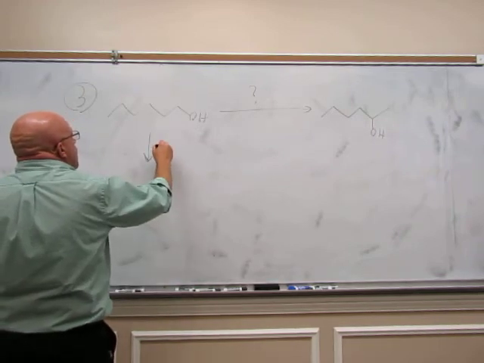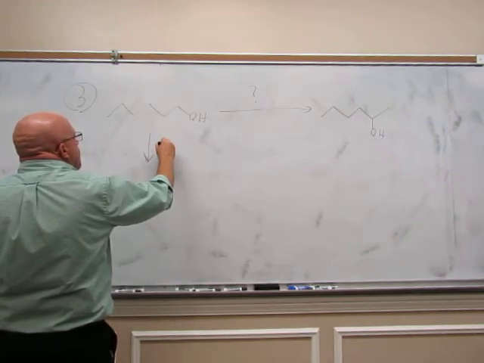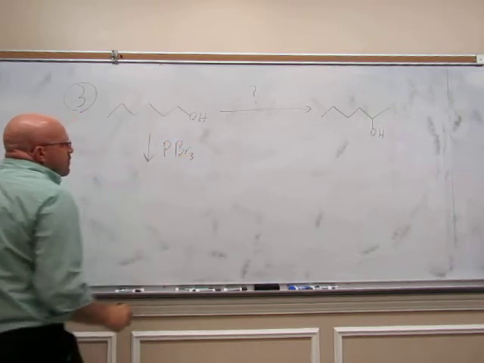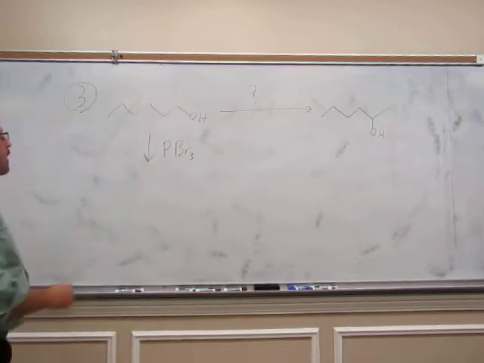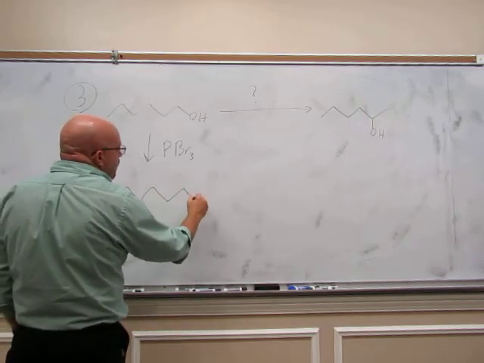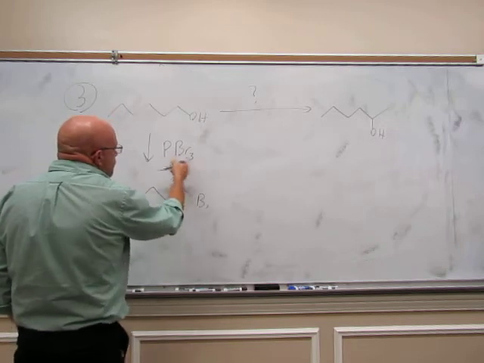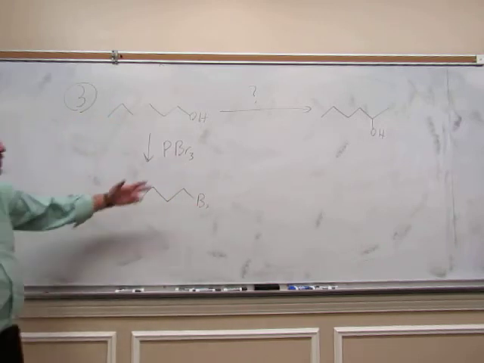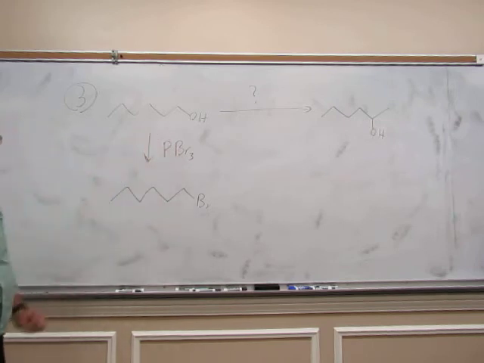We could have reacted with phosphorus tribromide, or you could do thionyl chloride. Thionyl chloride gives a chlorine here, but if you do phosphorus tribromide, it's bromine on there. So that will substitute primary and secondary alcohols only. That is a primary.